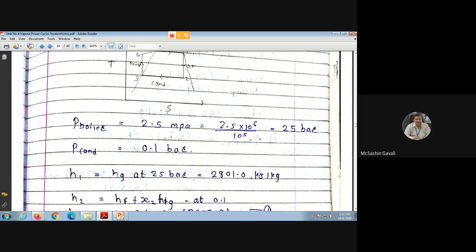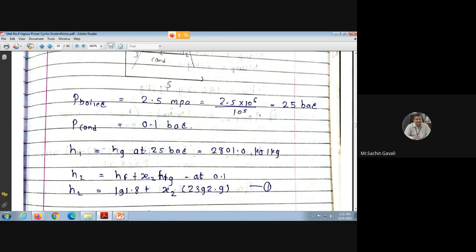H2 is equal to HF plus X2 into HFG at 0.1 bar. So at 0.1 bar, HF is 191.8 plus X2 into 2392.91.